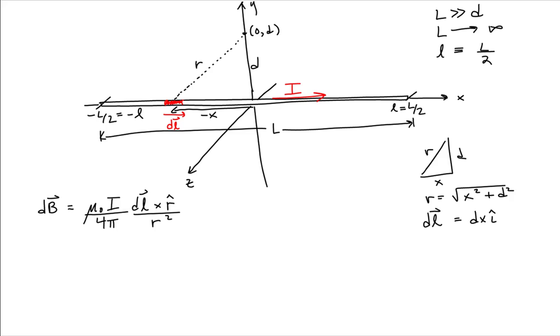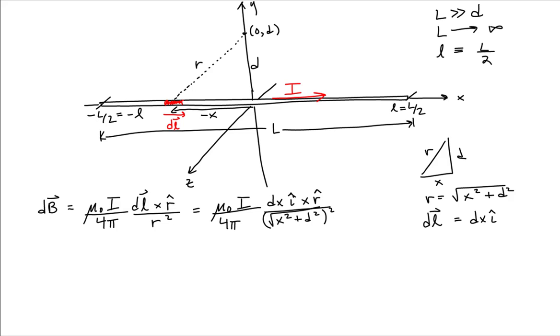This means that we could represent the infinitesimally small contribution to the magnetic field as mu naught I over 4 pi, dx i hat crossed with r hat over r squared, and r squared is given by x squared plus d squared, and that's really the square root squared.